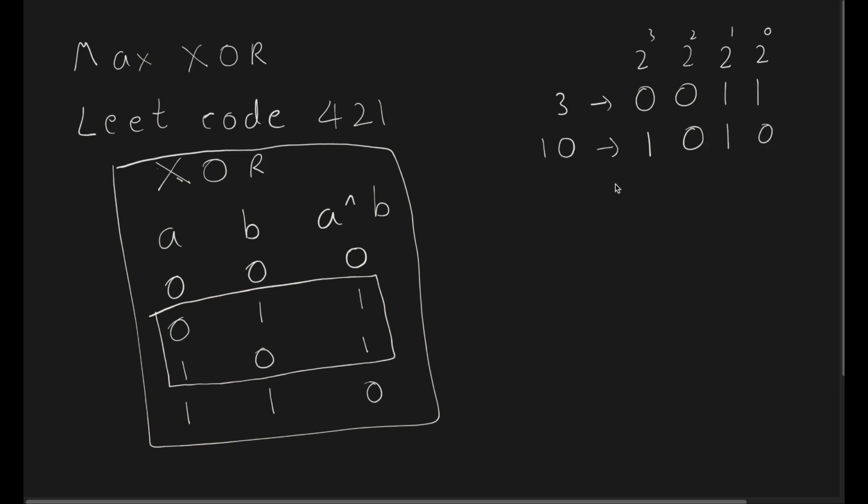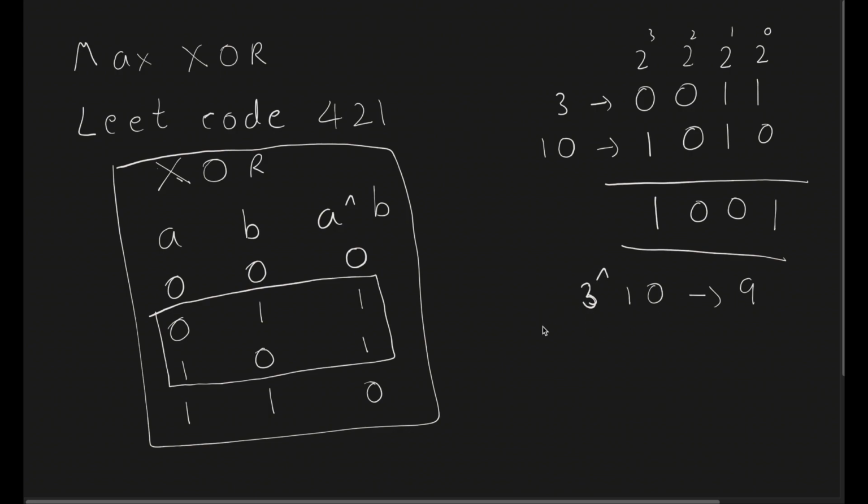When I say XOR of 3 and 10, whenever it is different, we set the bit as 1. Whenever it is same, we set it as 0. So we get 1 0 0 1, which is nothing but 2 cube plus 2 power 0, which is 8 plus 1. So 3 XOR 10 is 9.